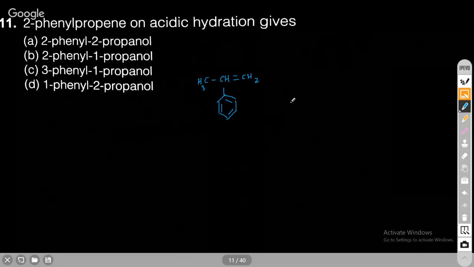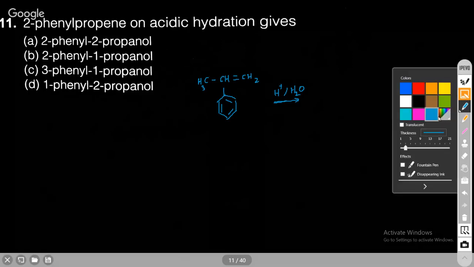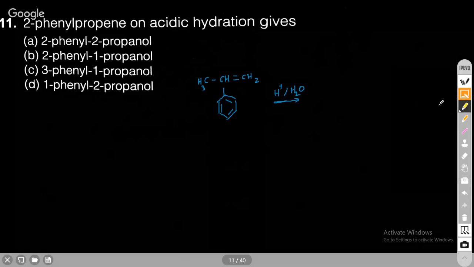When you do the acidic hydration, which is nothing but the reaction with H plus H2O, right? So this reaction follows electrophilic substitution reaction, or we can also write it down as electrophilic reaction mechanism.